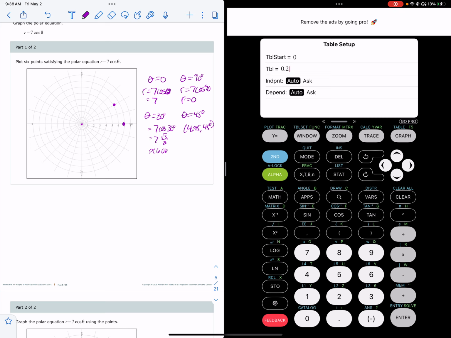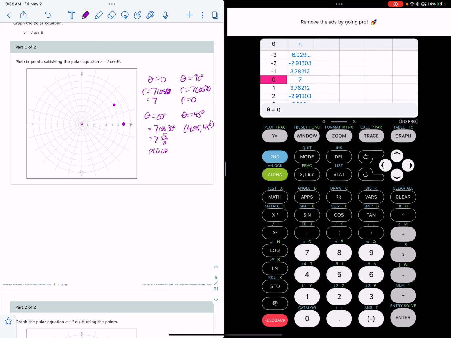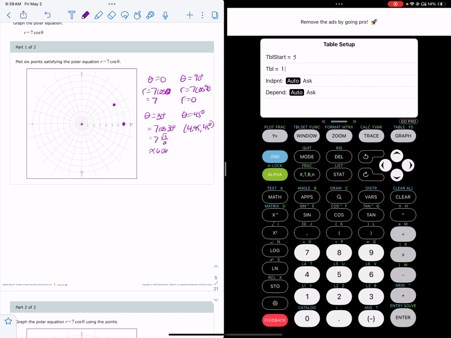So we'll make our change in table. I should have done this before I got on video, I'm sorry.